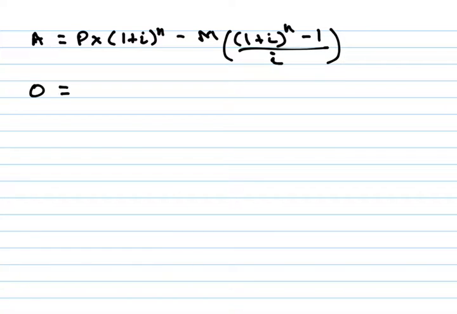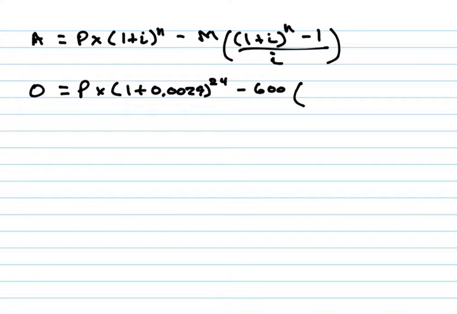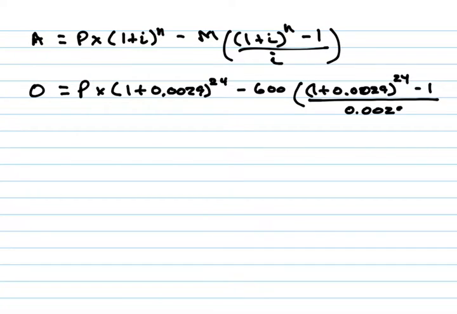A is 0. We don't know the principal amount, but it's times (1 plus 0.0029) raised to the 24th power minus her payment amount times ((1 plus 0.0029) raised to the 24th power minus 1) all divided by 0.0029.